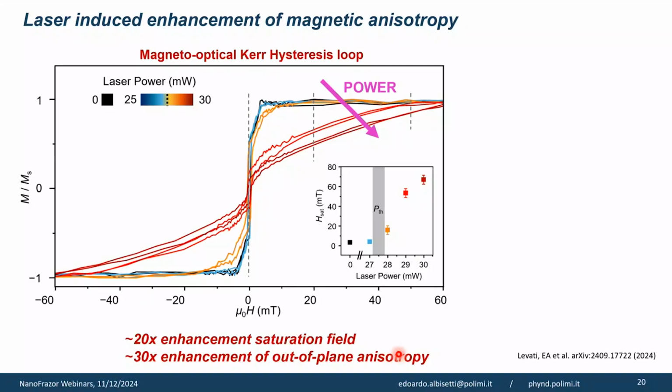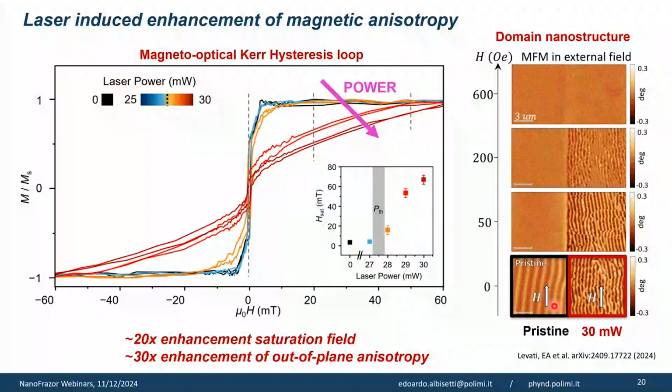That is the property that tells the material magnetization to stay out of plane. And this is a really important property because it changes the spin wave dispersion a lot. So the possibility to enhance the out-of-plane anisotropy by 30 times simply by irradiating was kind of exciting when we found out, let's say.